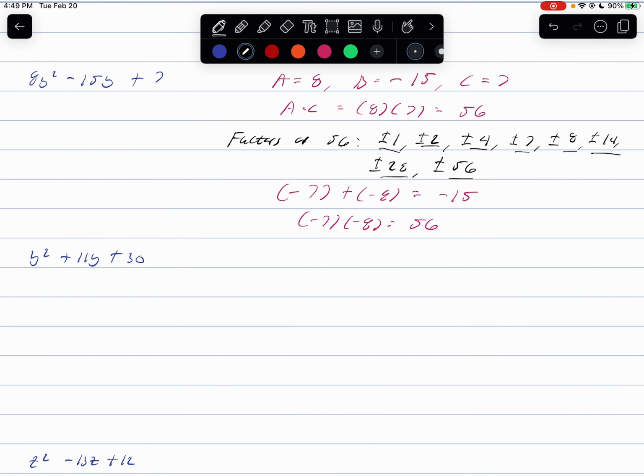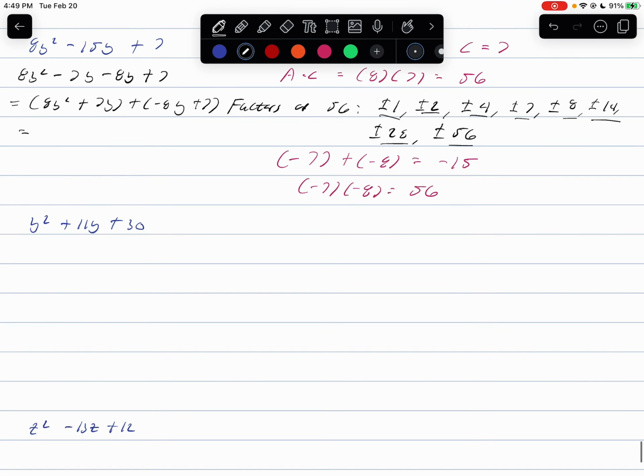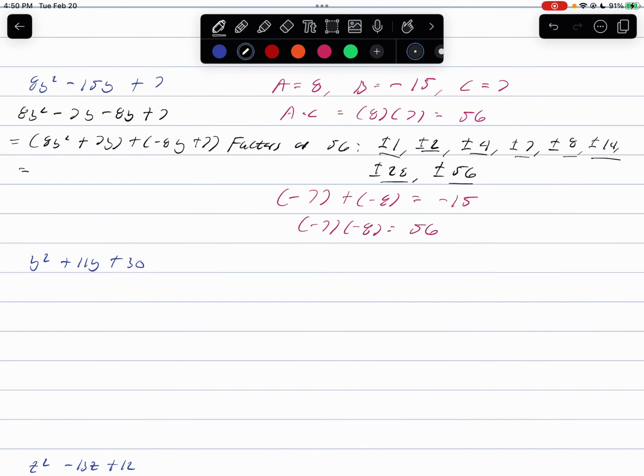So we can rewrite this as 8y squared minus 7y minus 8y plus 7. And so now we can write this by grouping as 8y squared plus 7y plus negative 8y plus 7. Okay? And then what we can do is we can factor out a y here. Oh, this should be a minus sign.